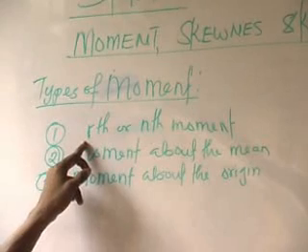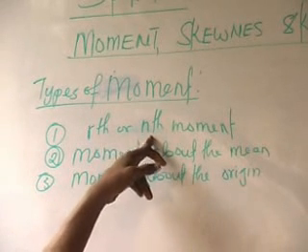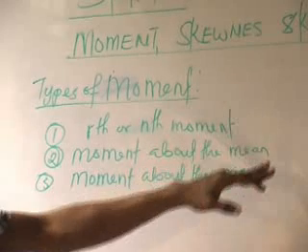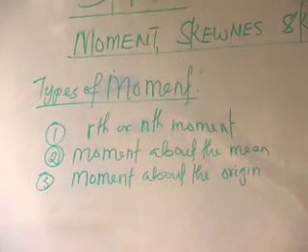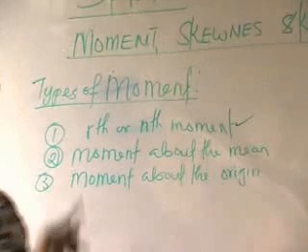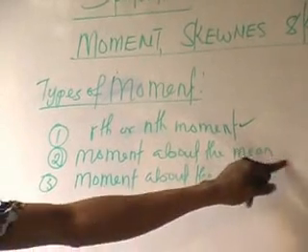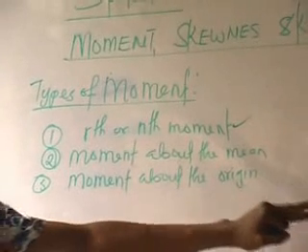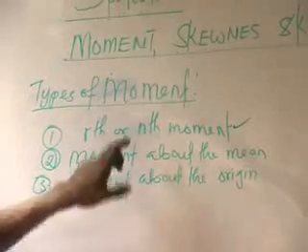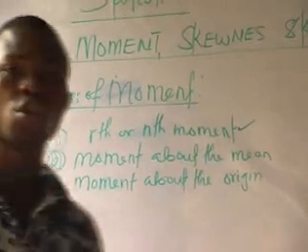Some textbooks use r, while some use n, so those are the 2 words we have. Number 2, we have moment about the mean. Then number 3, we have moment about the origin. Each type of moment, are we together, also has subtypes.